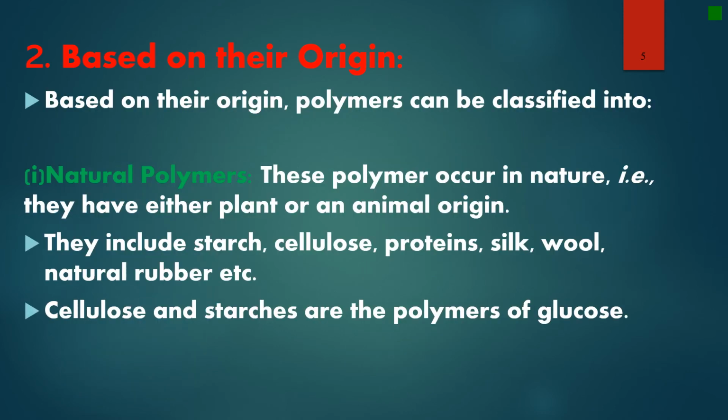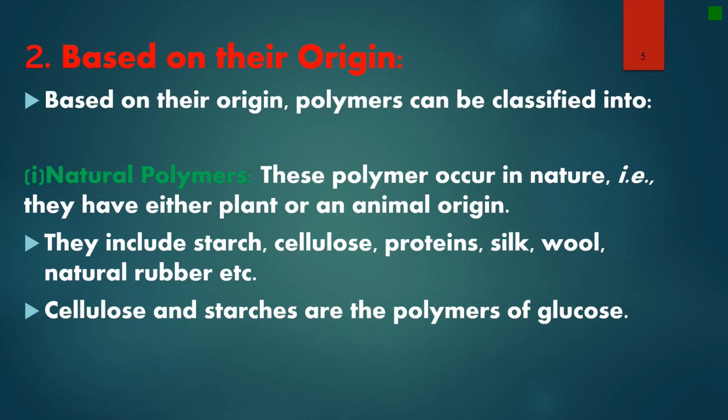The second classification of polymers is based on the origin of the polymers. Considering this criterion, we can identify natural polymers and synthetic polymers. Natural polymers are those polymers that occur naturally in living organisms, either in plants or in animals.